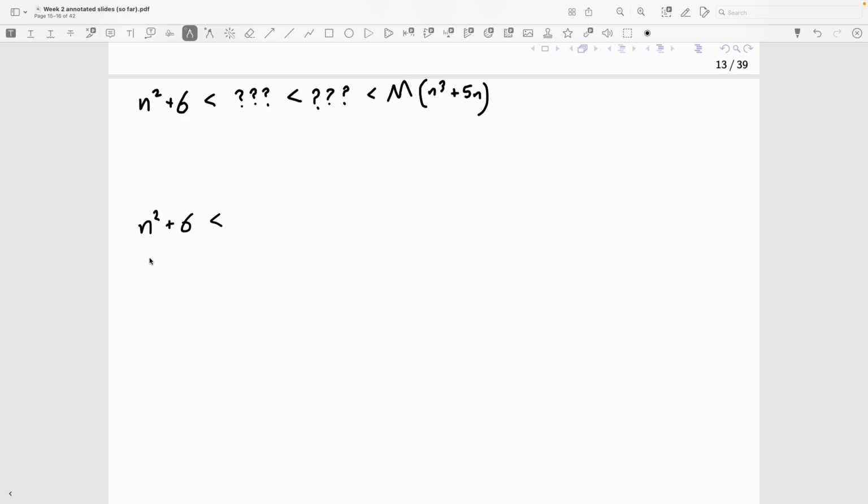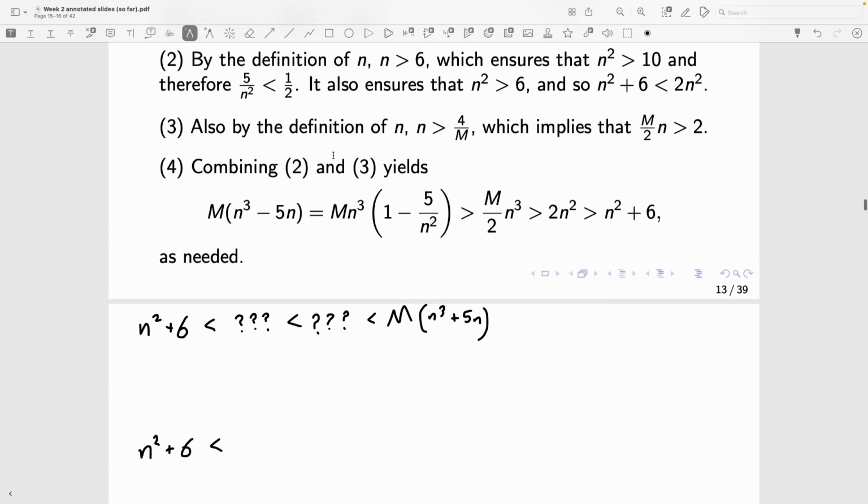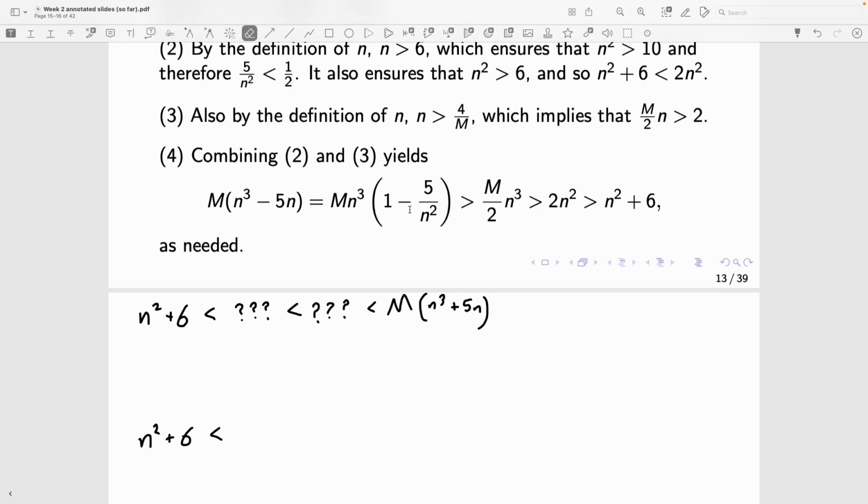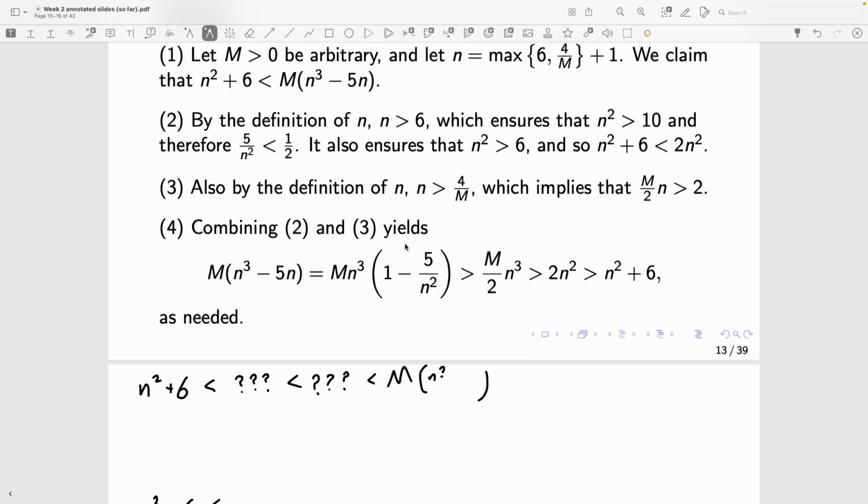So now what? We want to find some expression that is greater than n squared plus 6 and only contains one term. And we're allowed to make any assumptions about, oh yeah? Let's see. Sure did. Thanks for pointing that out. Keep getting collateral damage with this eraser.